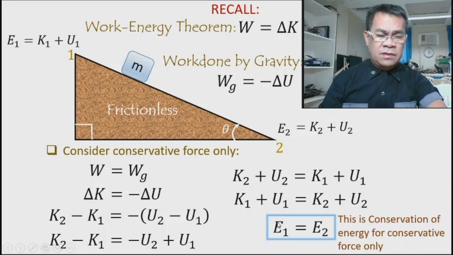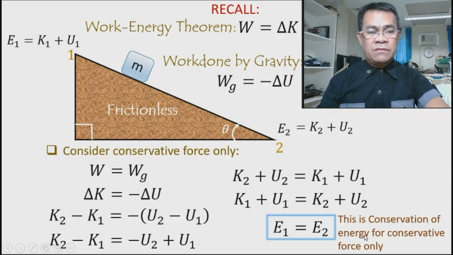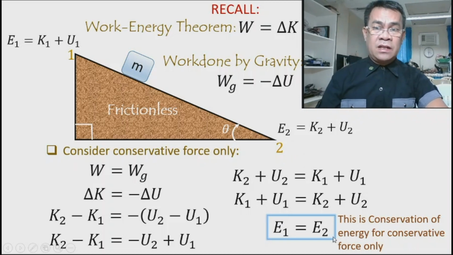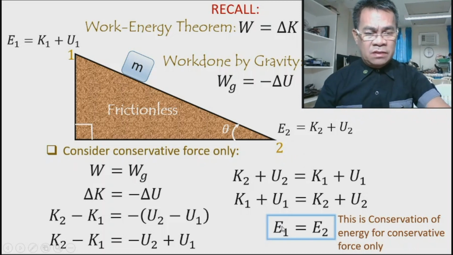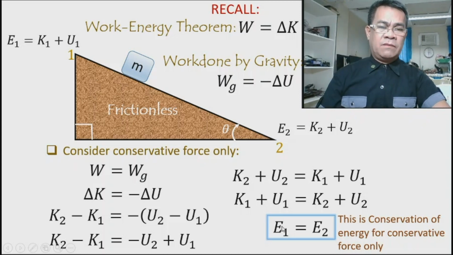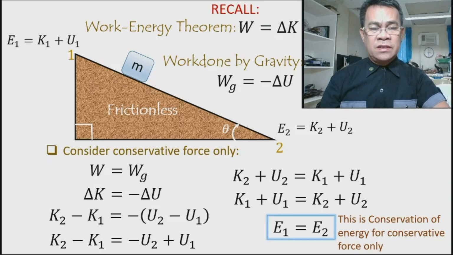So again, the total energy initial is equal to the total energy final. This is conservation of mechanical energy because the energy present here is all mechanical energy. But we can use other forms of energy.